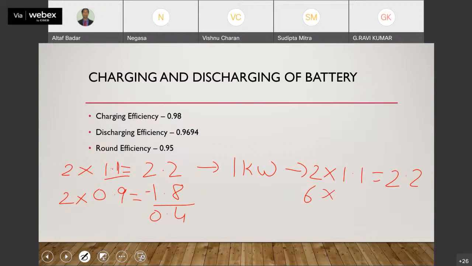Going by the same values as I have used here, 0.9, I get 5.4. Subtracting, I have been able to save 3.2 rupees.